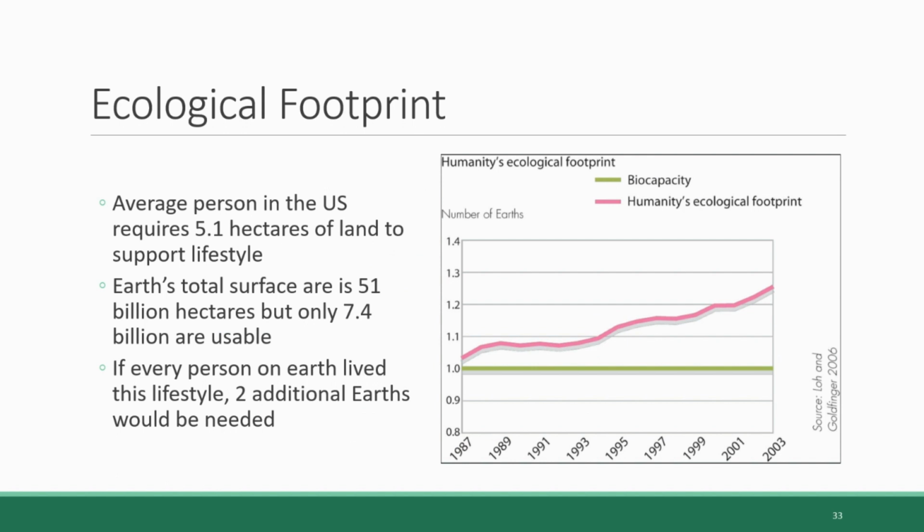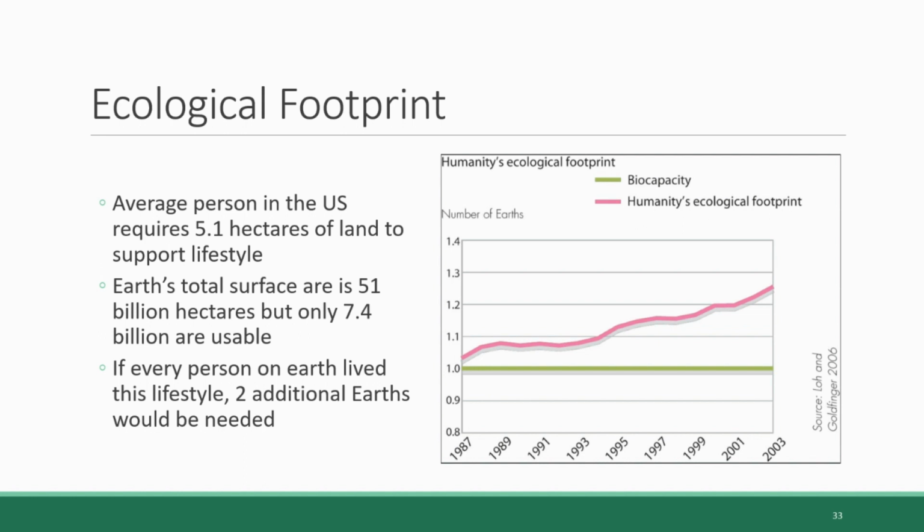For example, the lifestyle that the average American lives requires 5.1 hectares of land to support all of their consumption and activities. The total surface area of the Earth is 51 billion hectares, but only 7.4 billion of those are usable for producing the things that support human life.